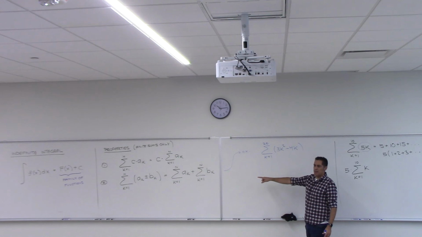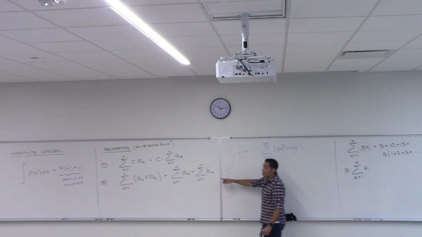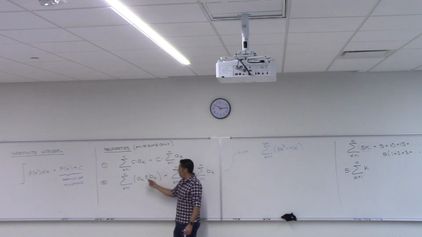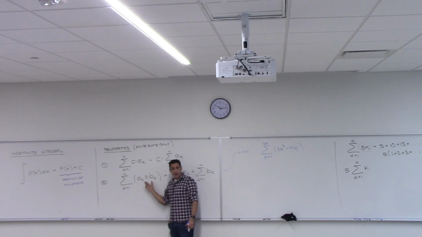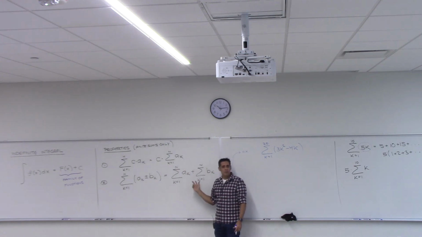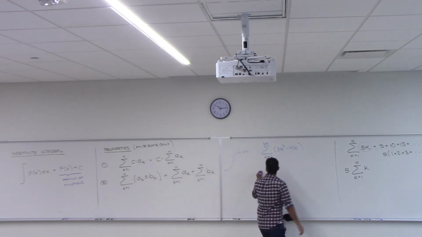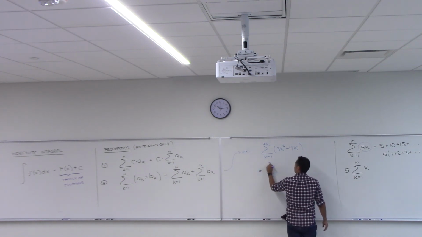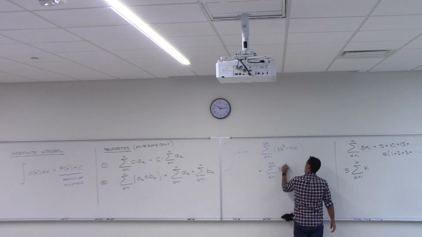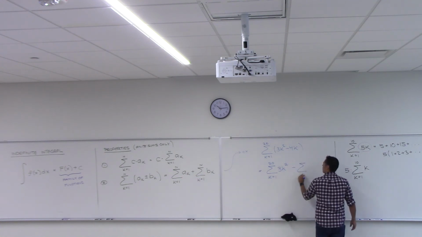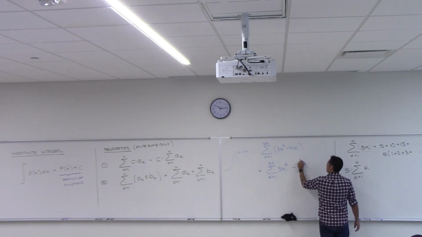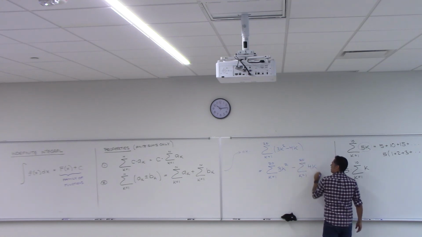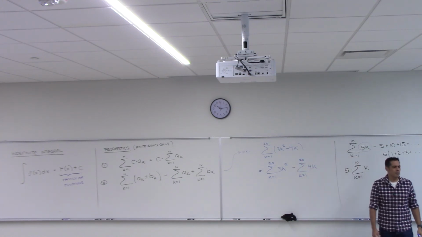This property says that as long as it's a finite sum, if I've got 2 things being added or subtracted, I can split it into 2 sums with addition and subtraction. So I could rewrite this as the sum k equals 1 to 20 of 3k squared minus the sum k equals 1 to 20 of 4k. Understand how that property worked?